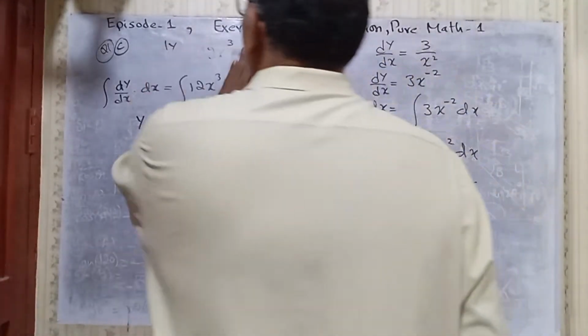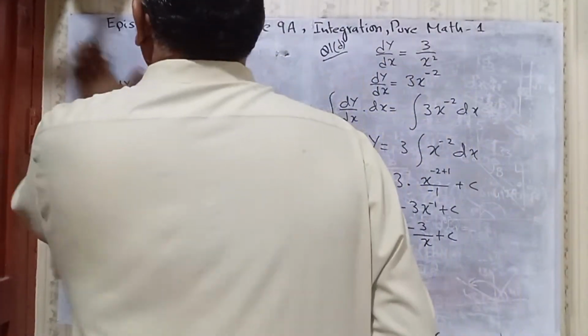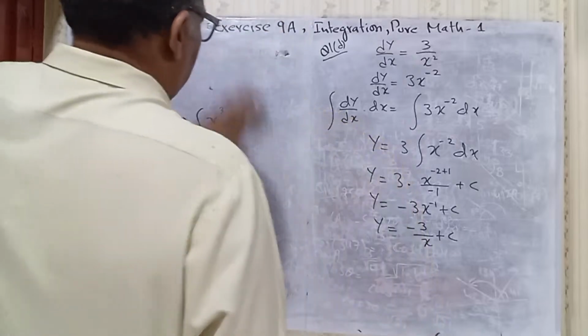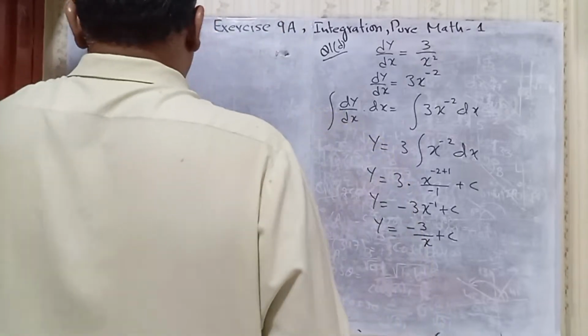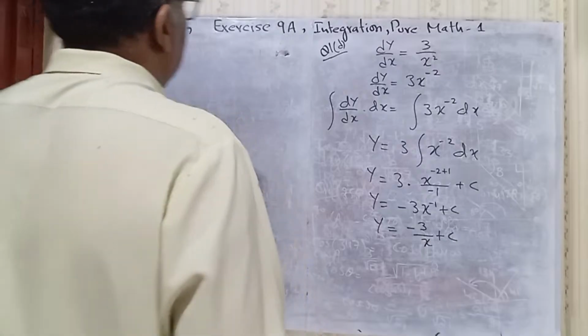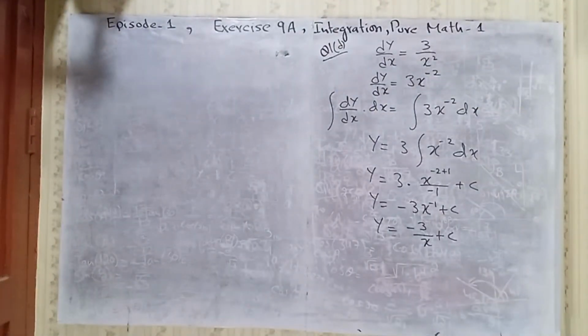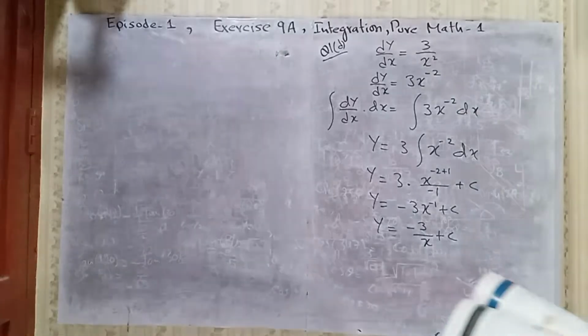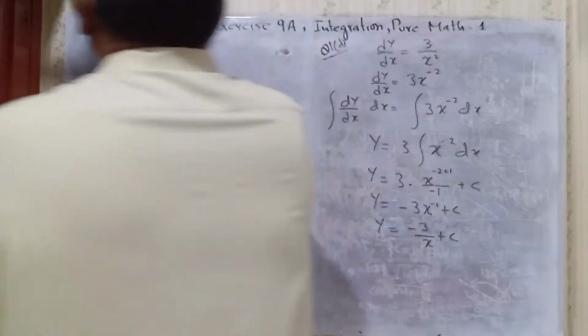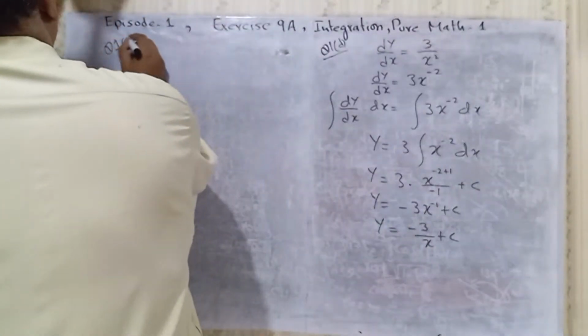Okay, so we will do the next part, the question number 1, and it's E part. So now we are going to attempt the question number 1 and it's E part.